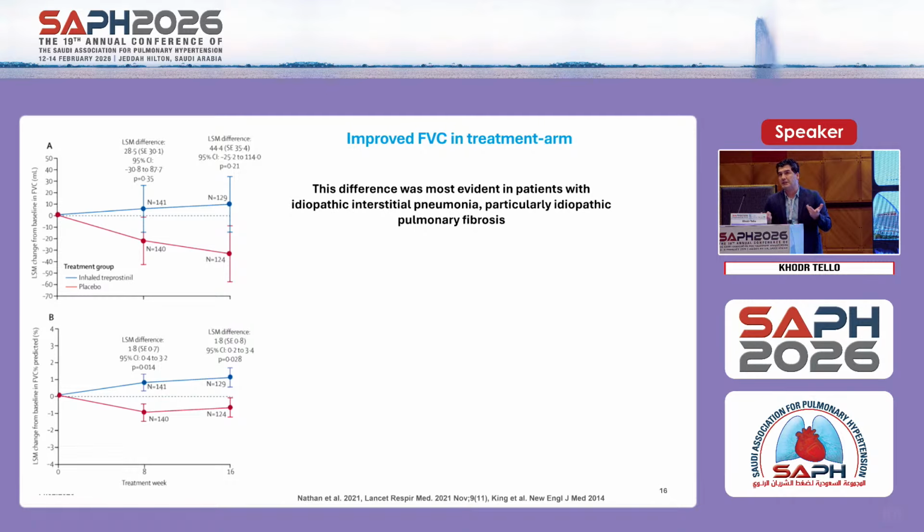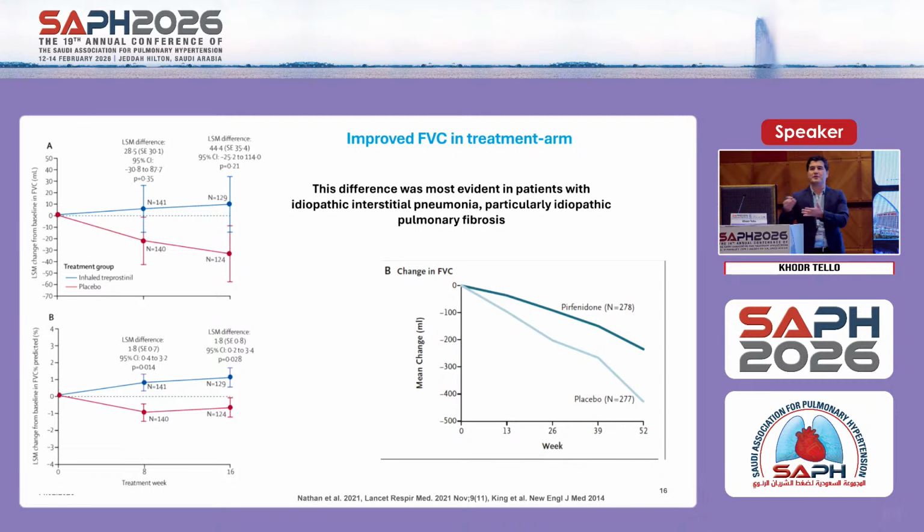And nevertheless, I thought, okay, this is an improvement, because when you are a pulmonologist, you look at the approval studies for pirfenidone and nintedanib, and of course you all know that we slow the decline of FVC, but normally we do not increase the FVC in the studies we know.